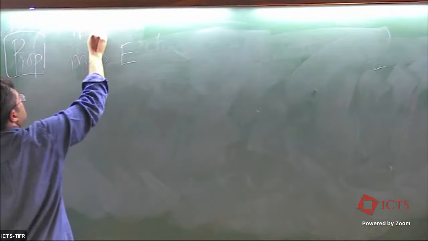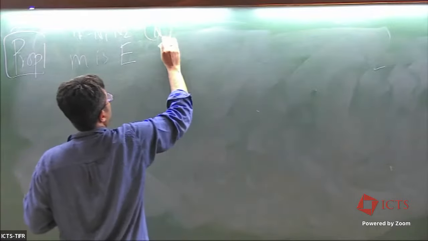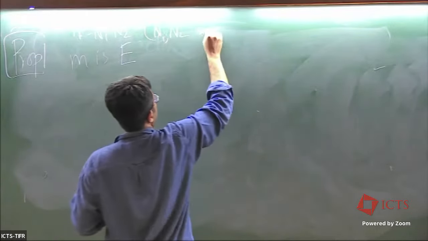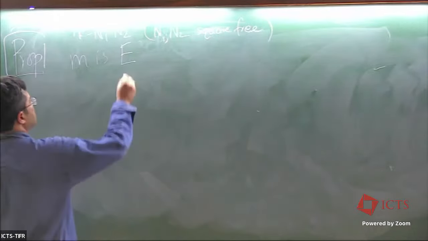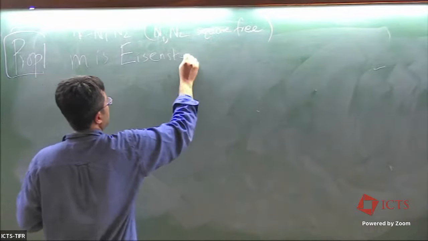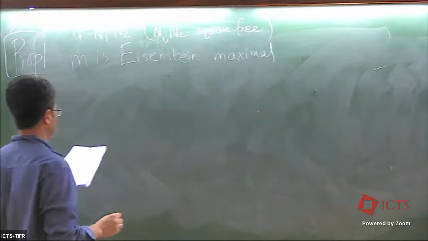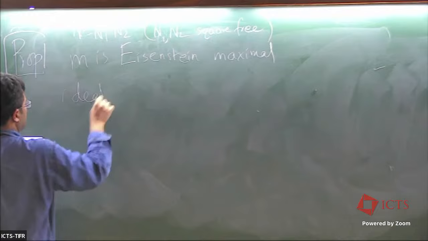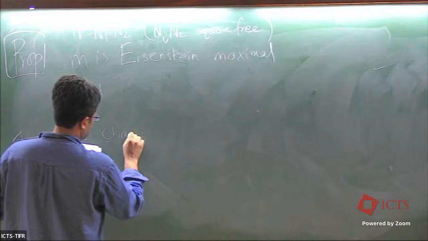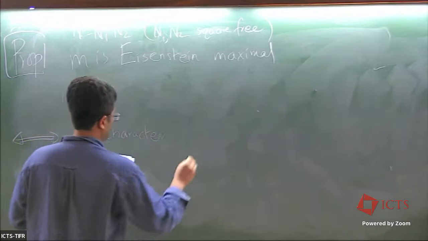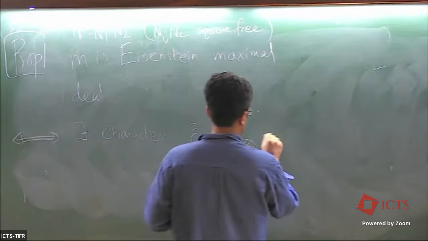I just put this assumption: n equals n1 squared n2, where n1 and n2 are square free. M is an Eisenstein maximal ideal if and only if there exists a character epsilon bar from G_Q to K_m star.